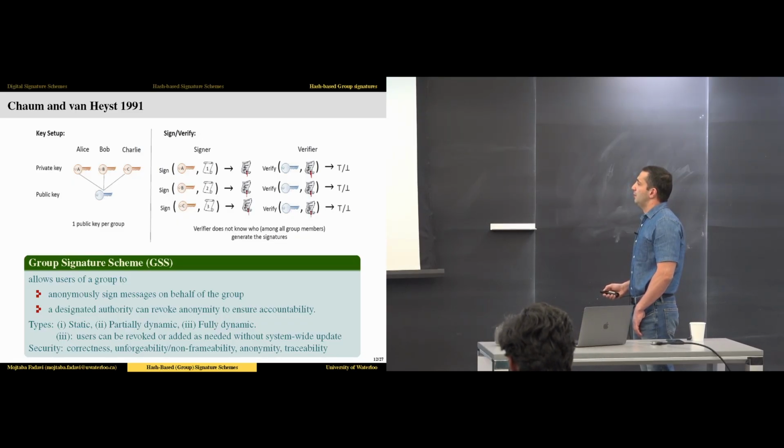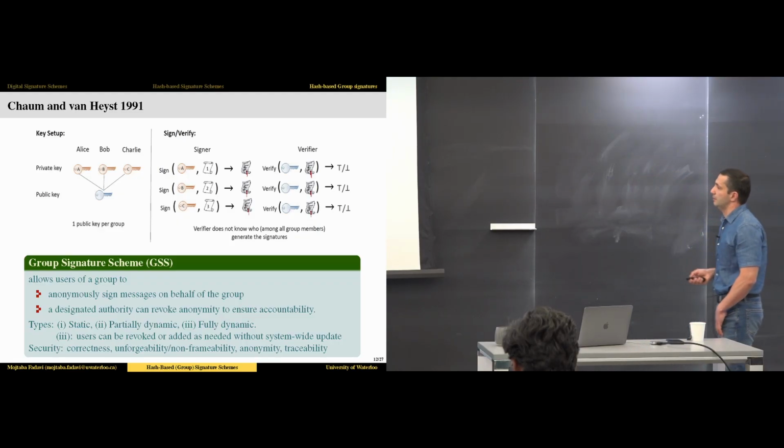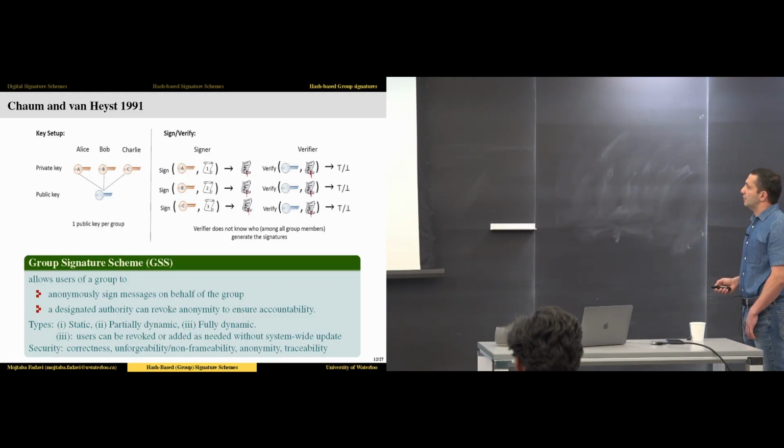In partially dynamic, we can do either joining or revoking, and in the fully dynamic case, we can add and revoke users without a system-wide update, without updating the whole system. A group signature has to provide, in addition to the two properties of correctness and unforgeability, also anonymity and traceability.